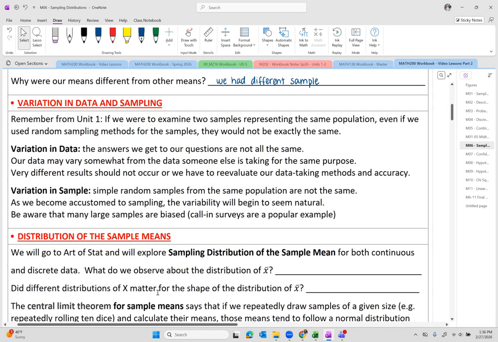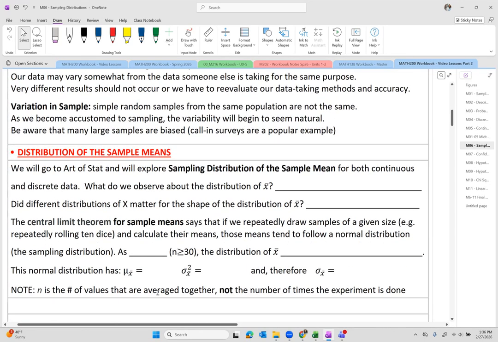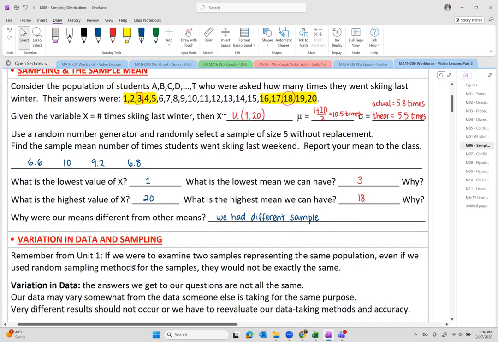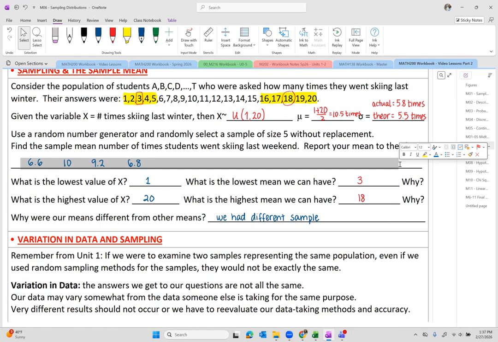So the next question that we want to know is, if this was repeated multiple times, what would these means look like? So when I ask my whole class to do the same experiment repetitively, and I get different values for the means, what do these means look like?